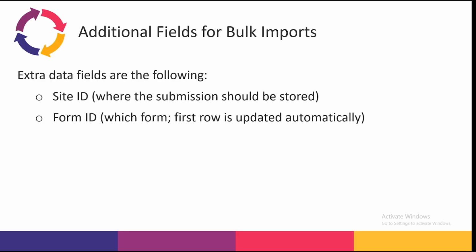There'll just be 2 additional columns, which will be the site ID, which essentially tells Zeit where am I storing this submission, and the form ID, so which form is it being assigned to. This actually updates automatically.